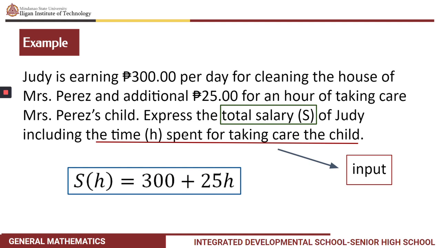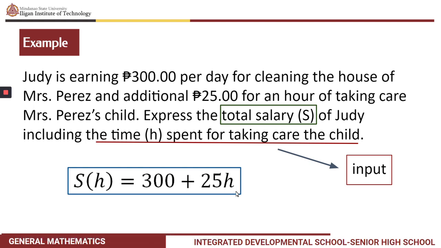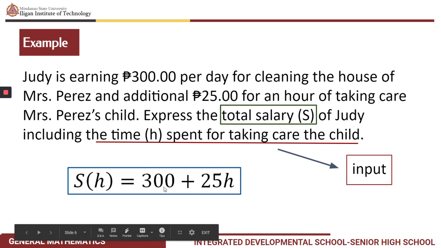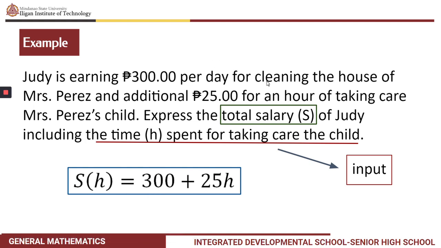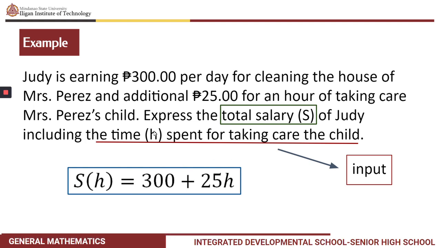So that's why we have S of H equal to 300 plus 25H, where H is the number of hours Judy spent taking care of the child, and 300 here is her pay for cleaning the house. So this is the model of this situation. Okay, so what do you think is the domain of this function?